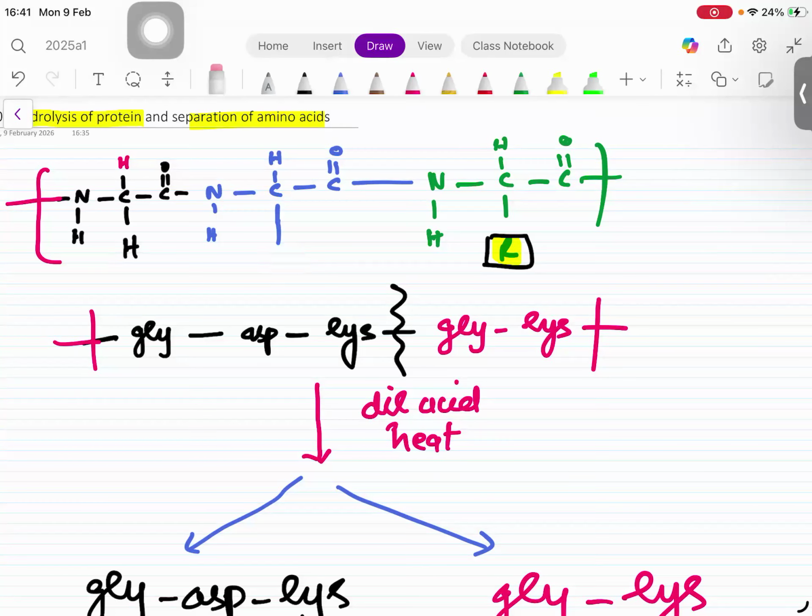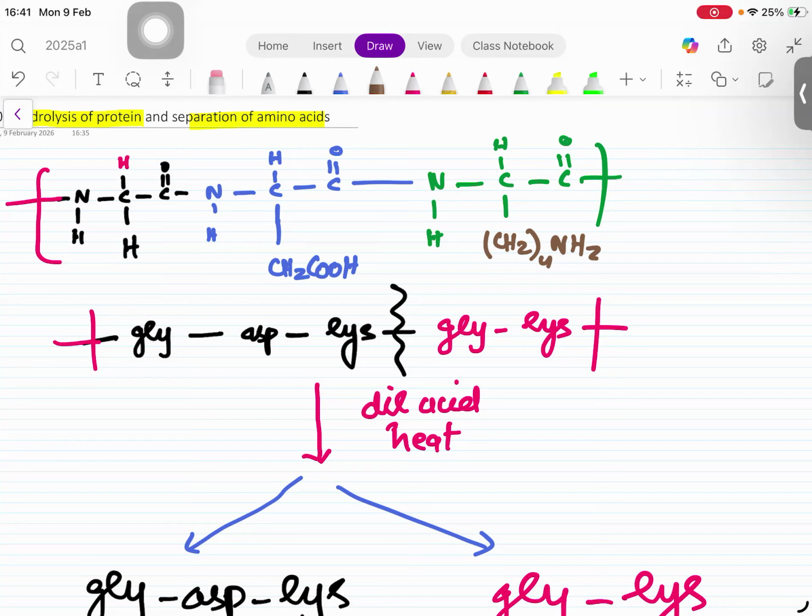The second R group, let's say it is CH2COOH. And the third R group is CH2, 4 times NH2. Okay? So now this is protein.